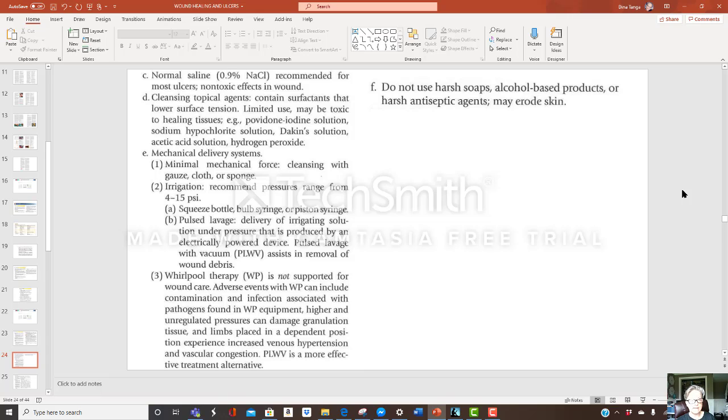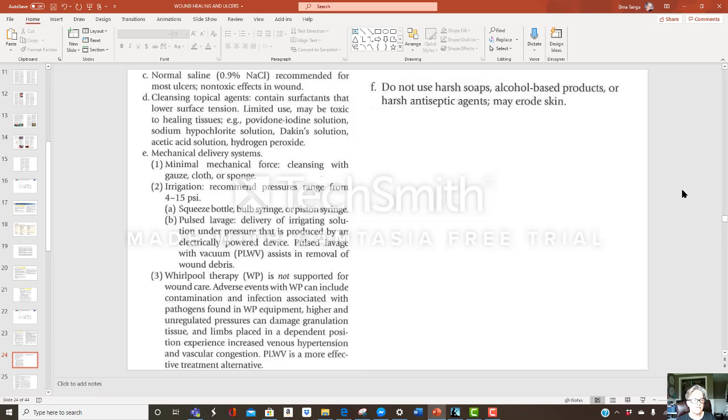Whirlpool therapy is not supported for wound care. Adverse events with whirlpool therapy can include contamination and infection associated with pathogens found in whirlpool equipment. Higher and unregulated pressures can damage granulation tissue, and limbs placed in a dependent position experience increased venous hypertension and vascular congestion.